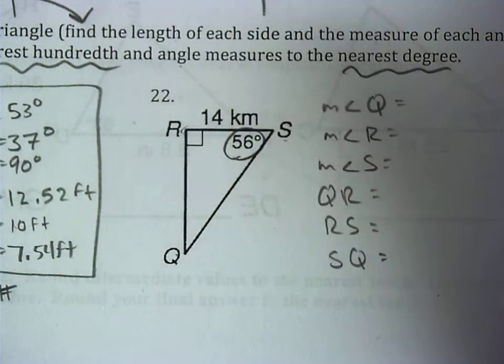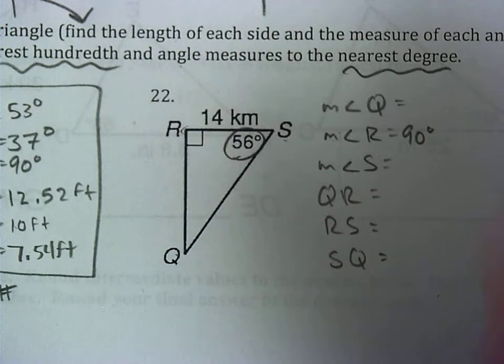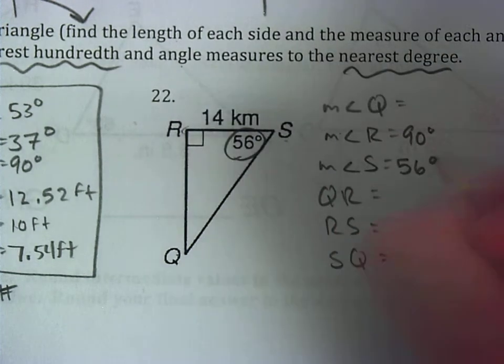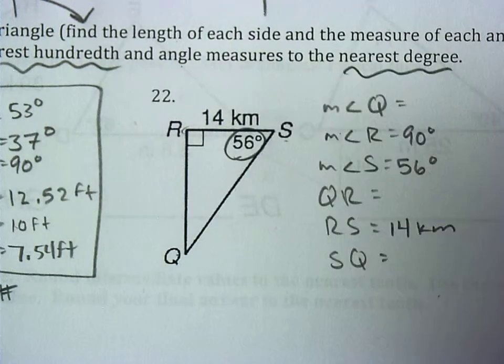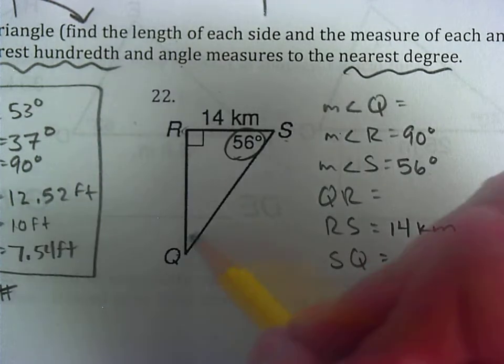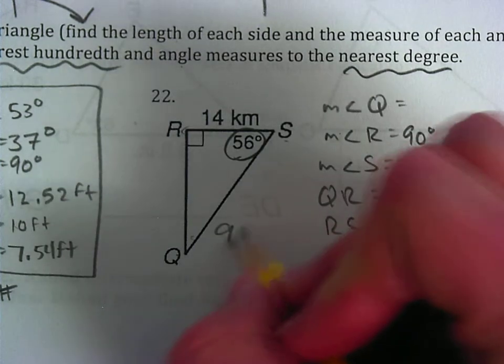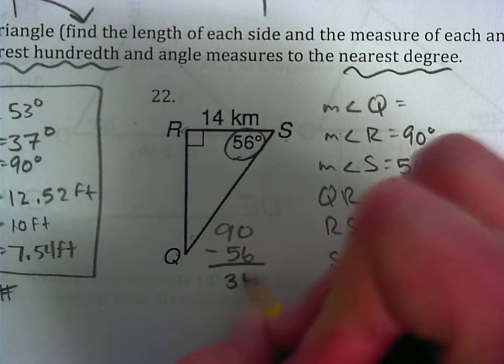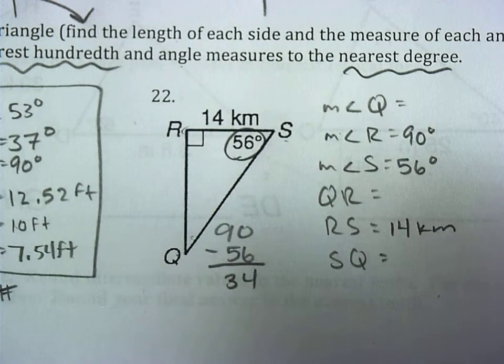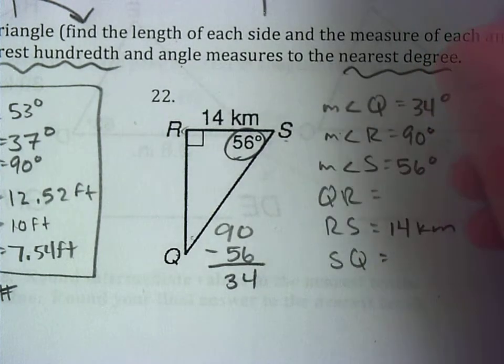Again, they've given us the measure of angle R, which is 90, and the measure of angle S, which is 56. And they've given us RS, which is 14 kilometers. So to find this last angle, we're just going to take 90 and subtract 56. We're going to get 34. This last angle Q is 34 degrees.